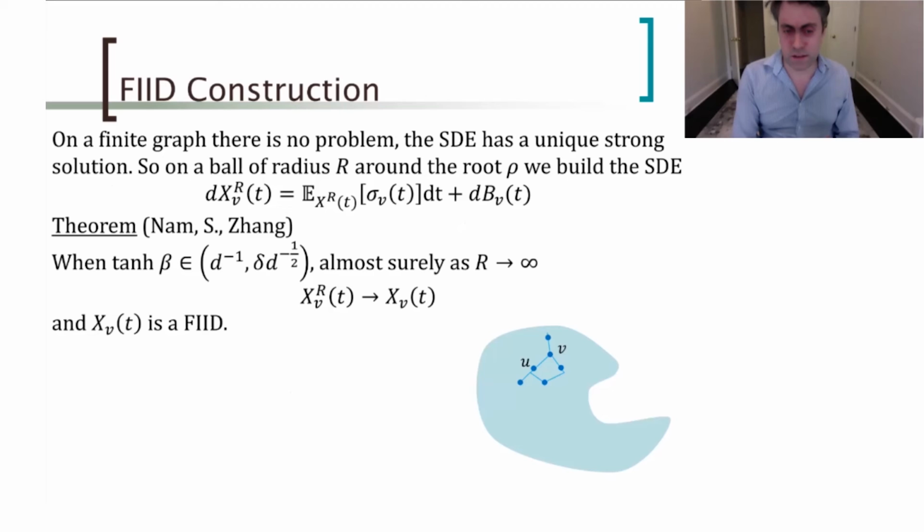And then hope that as R tends to infinity, they converge, and indeed that's what happens. So our main theorem is that for not quite all of the intermediate regime, we prove it for tanh(beta) between 1 over d and a constant over square root of d, that these converge almost surely, and that the limit that you get is a factor of IID.